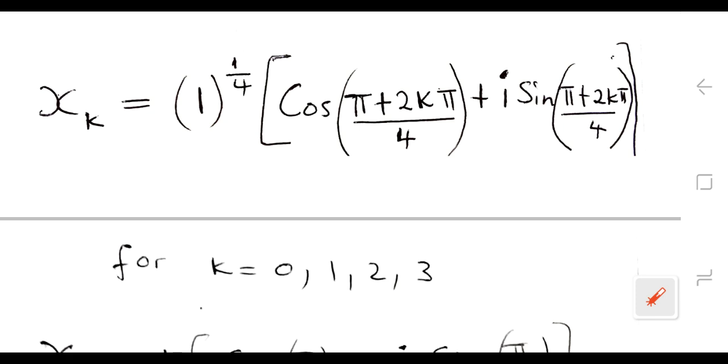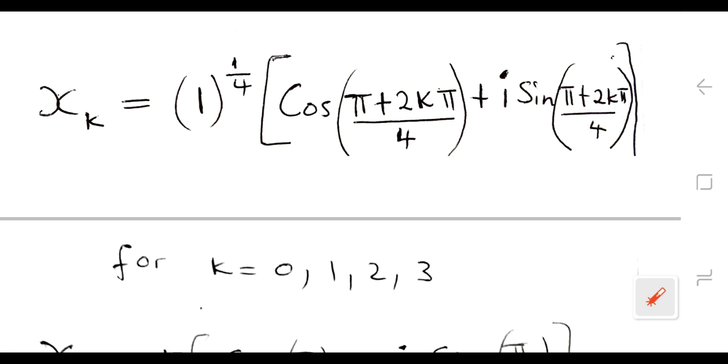But because there are many roots, to find the other roots we add 2k pi. The original angle was pi radians, so to find the other roots we say pi plus 2k pi. The 4 is coming from here because we divided by 4, which is the same as multiplying by 1 over 4.